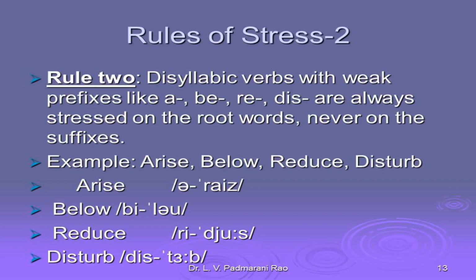Accordingly, we have arise, alone, allowed, amount, apart, afloat, above, about. You have observed that all these words begin with the weak prefix a, and so the root words are given stress. Practice more of these words.